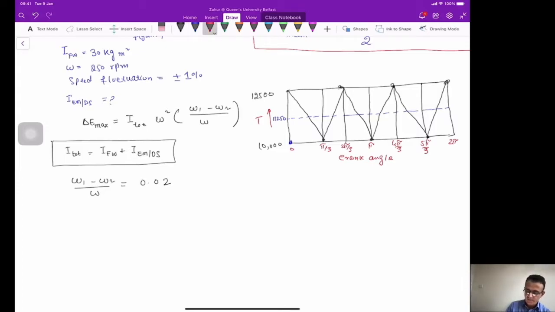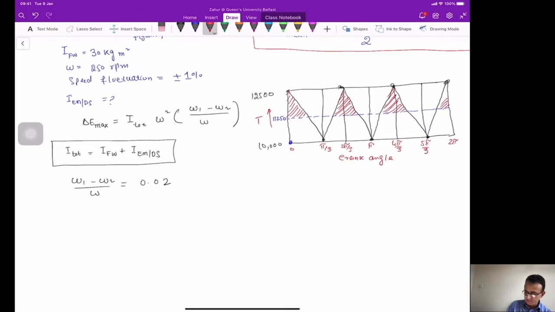So now you can shade the positive and negative areas here. As you can see, this is the positive area here, and again this is the positive area, which is above the mean torque.